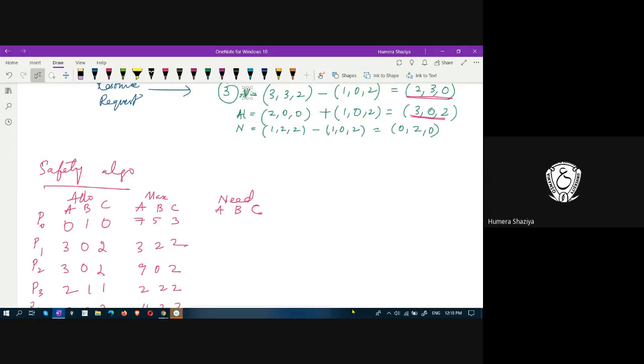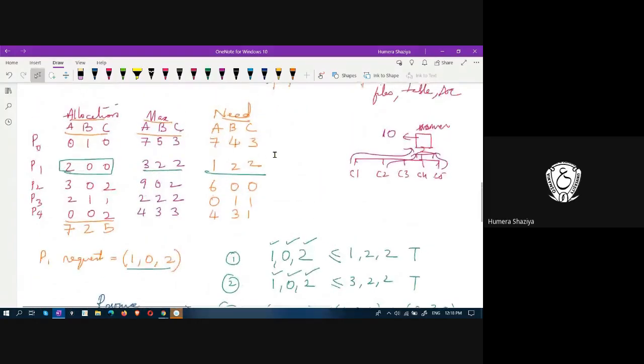How do you get the remaining needs? If you just recall what we studied, when you subtract max minus allocation, you get remaining needs. In the earlier scenario, the remaining need of P1 was the vector 122. Now you will get a different value.